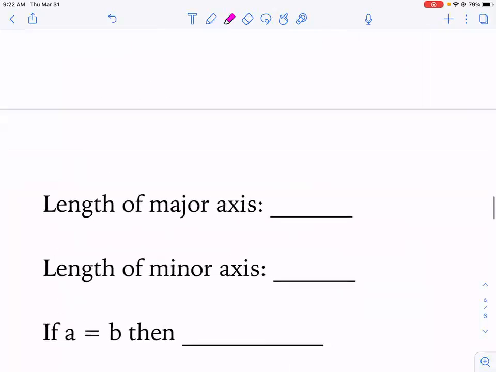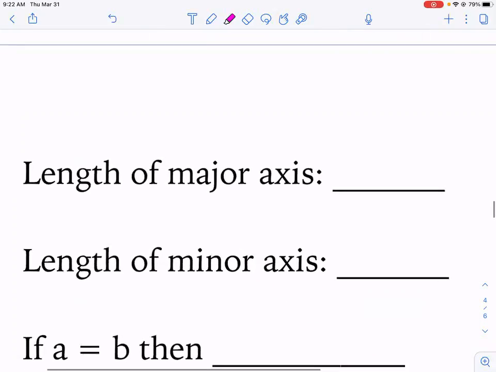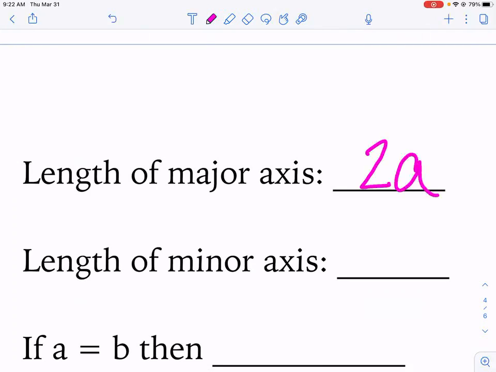Okay, how long is the major axis? From end to end, how long is it? Not A squared. A plus A. We go A from the center to the right or left together. That's 2A.